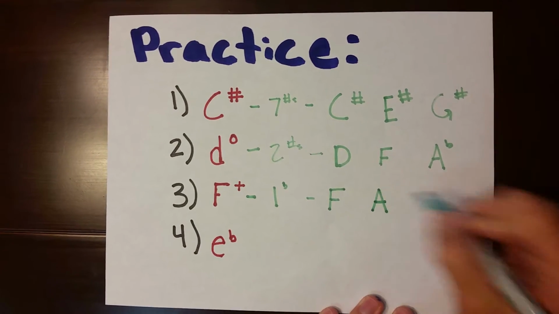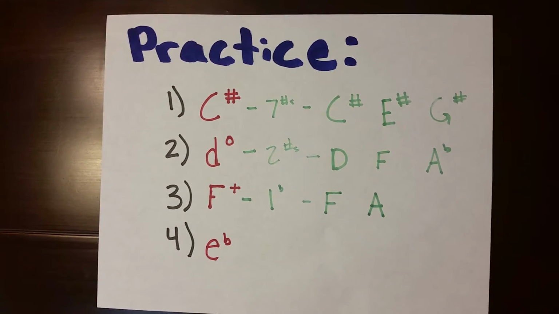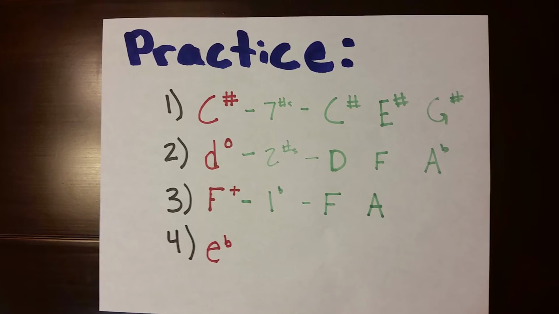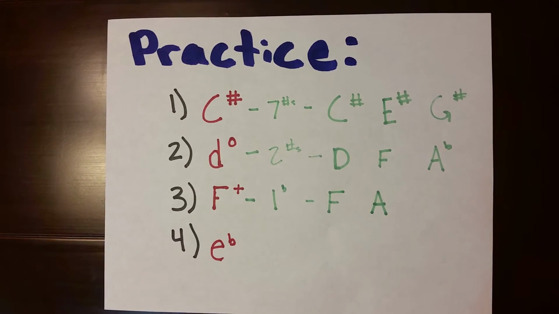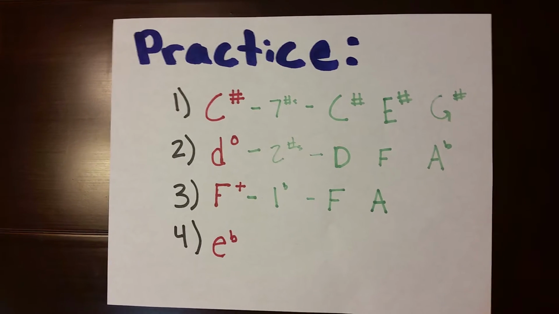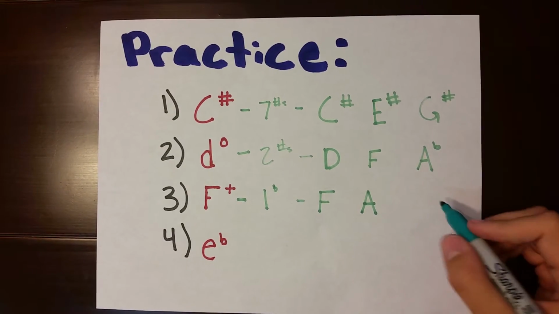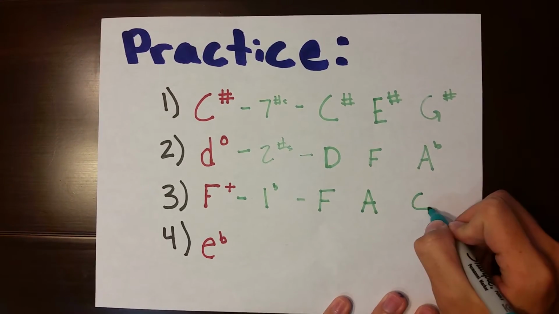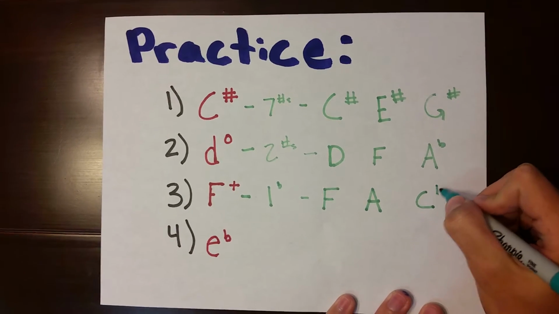That's going to be A. Now, the difference between major and augmented triad is the fifth, and the fifth is raised a half step from the major triad. So, we have C, but it's sharp.